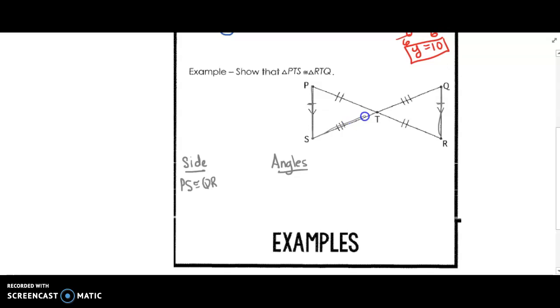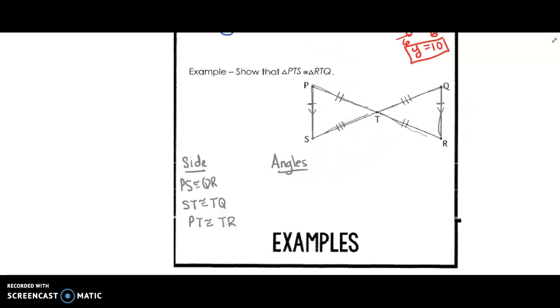The 3 hash marks is ST is congruent to TQ's 3 hash marks. And then the 2 PT is congruent to the 2 here, which is TR. So I've shown all sides are congruent to a side of the other one.